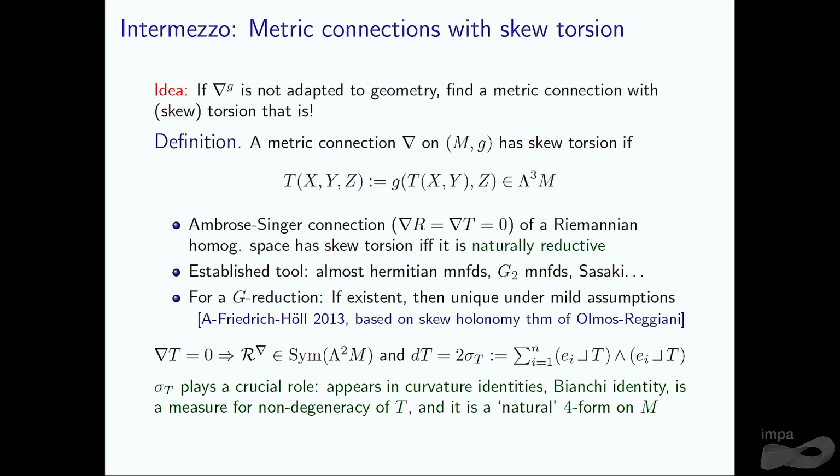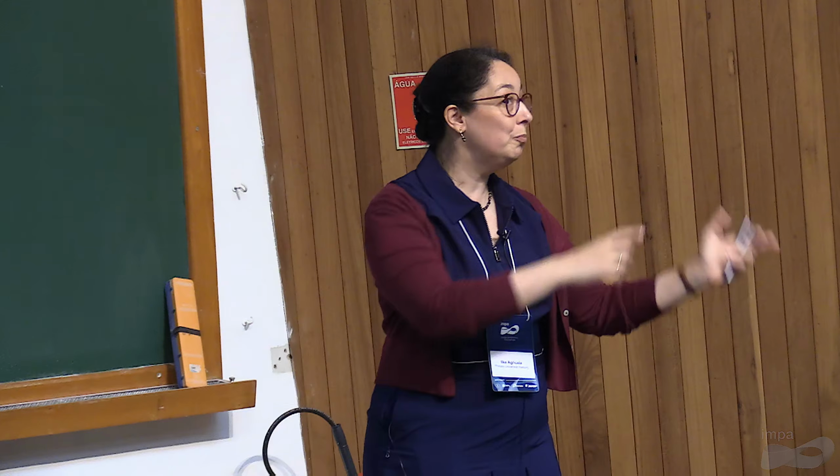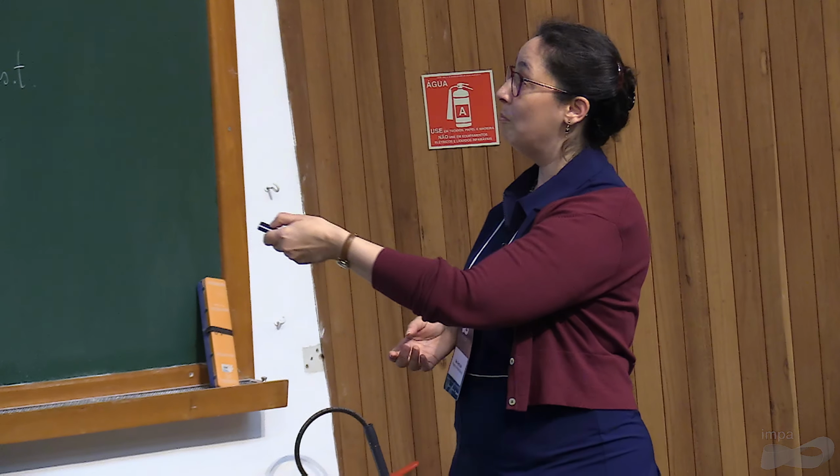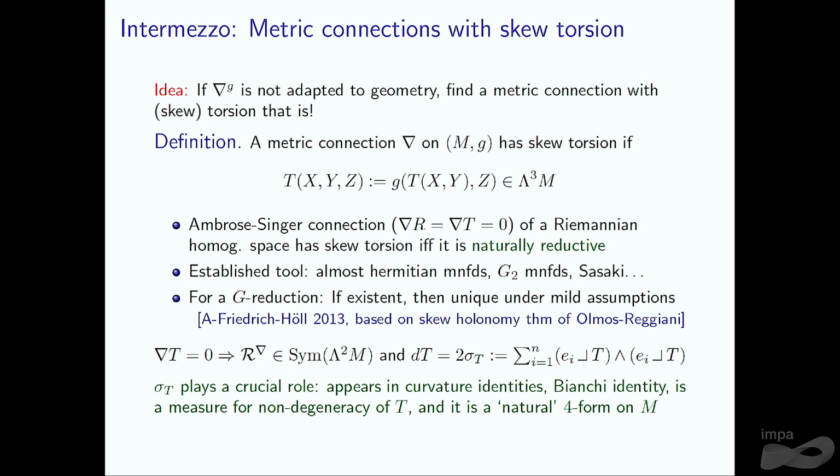For example, if you are on a nearly Kähler manifold, then you have your almost complex structure, omega. If it's 6-dimensional, star omega is going to be a 4-form, and this 4-form is just going to be the sigma T of the Gray connection. Similarly, in dimension 7 for a nearly parallel G2 manifold, you get automatically the dual of the 3-form, the G2 form.